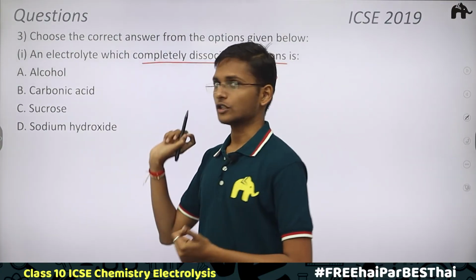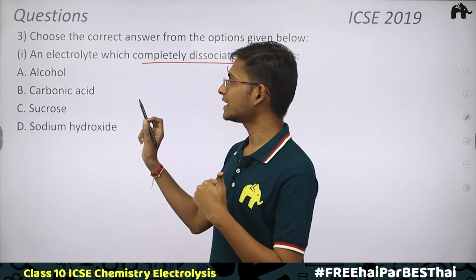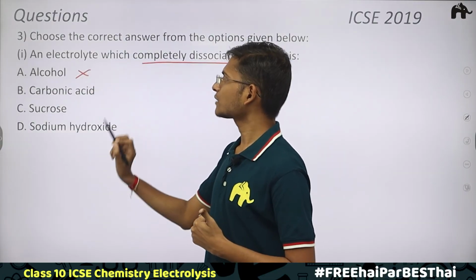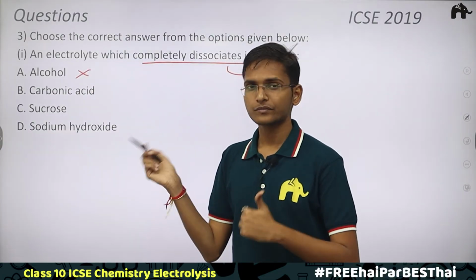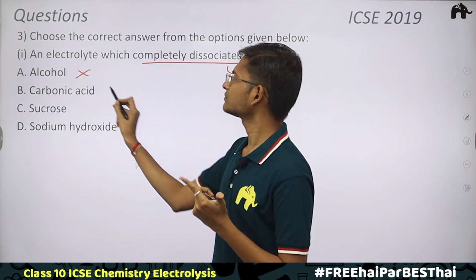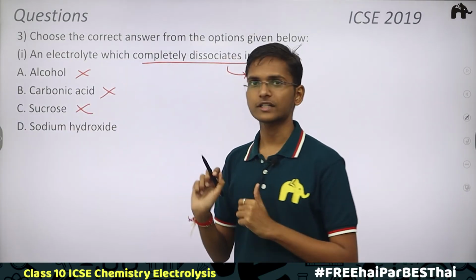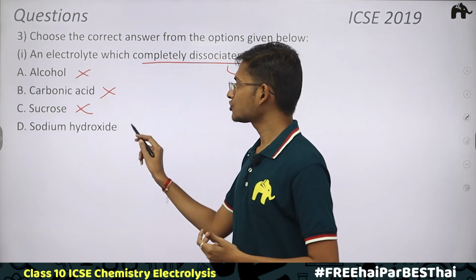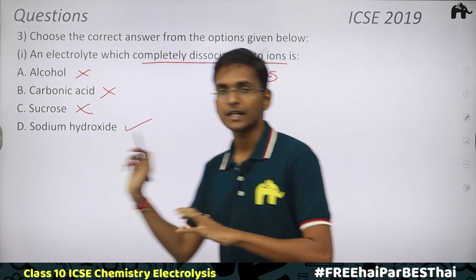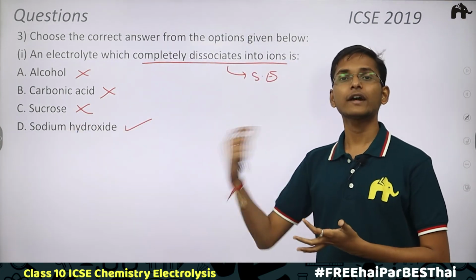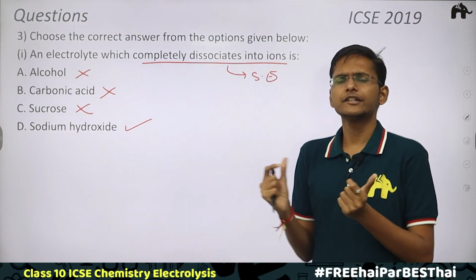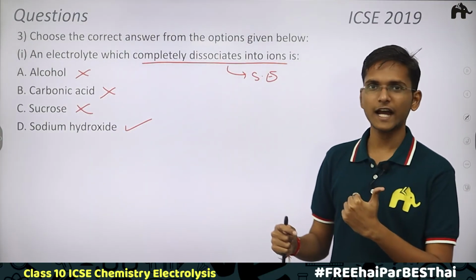Alcohol, no, it is a non-electrolyte. Carbonic acid, H2CO3, is a weak electrolyte. Sucrose, again a non-electrolyte. Sodium hydroxide, NaOH, yes, it is a strong electrolyte. NaOH is a strong alkali. It dissociates completely in its molten state as well as in its aqueous state.